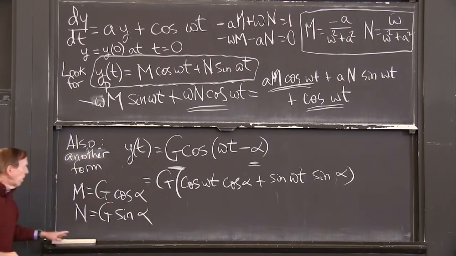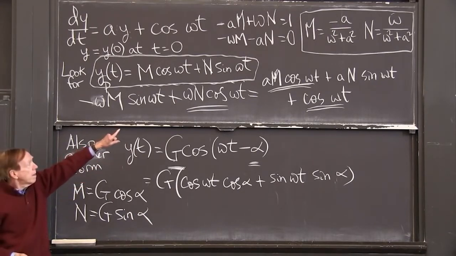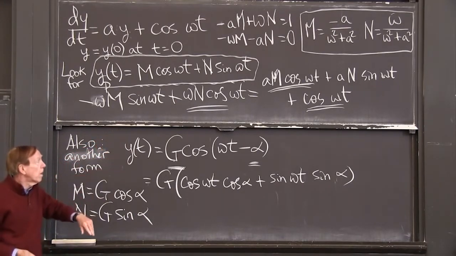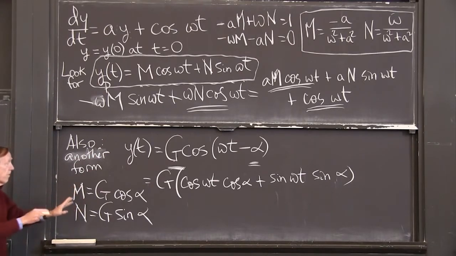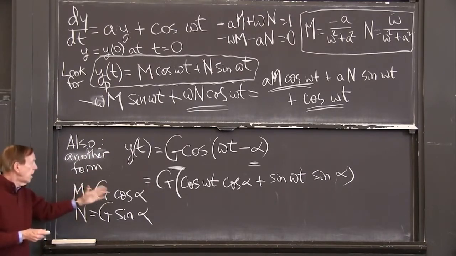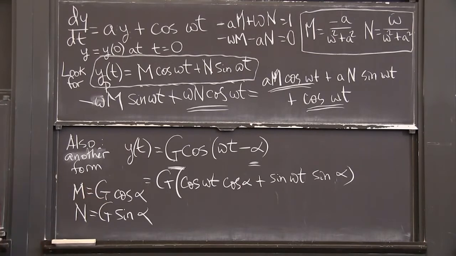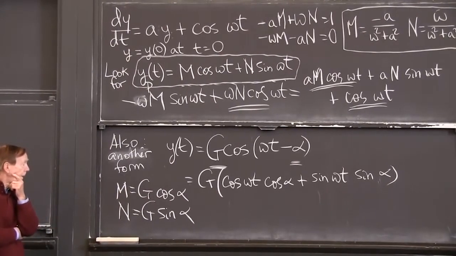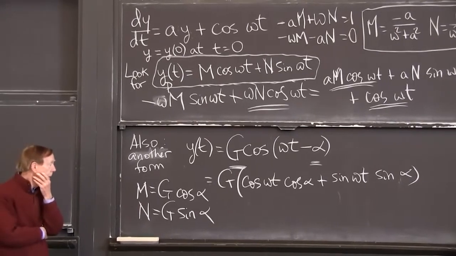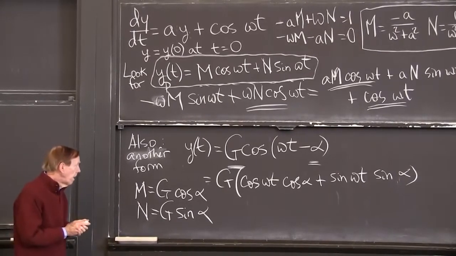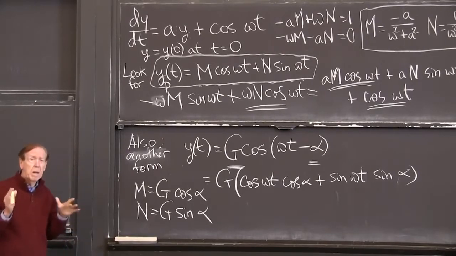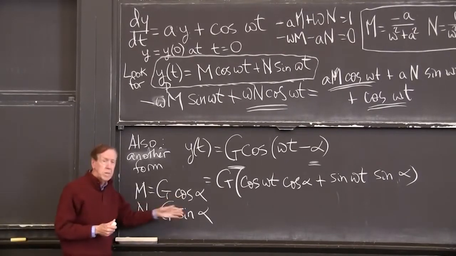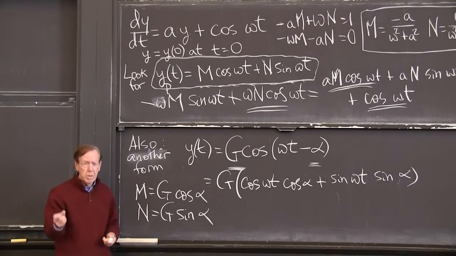So now I have two equations. The m and the n, I still remember what those are. I figured those out. But now I want to convert the mn form to the g alpha form, and this is what I have to do. And it's the usual thing with polar coordinates. How do I discover what g is there and what alpha is? The trick, the one fundamental identity when you see cosines and sines, is to remember that cosine squared plus sine squared is 1.